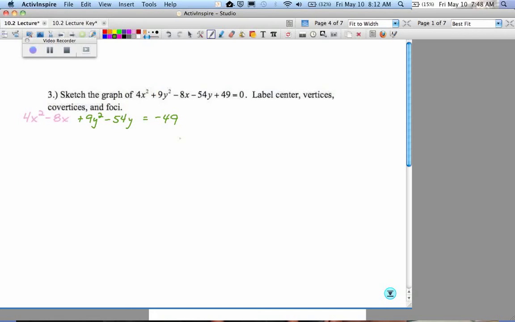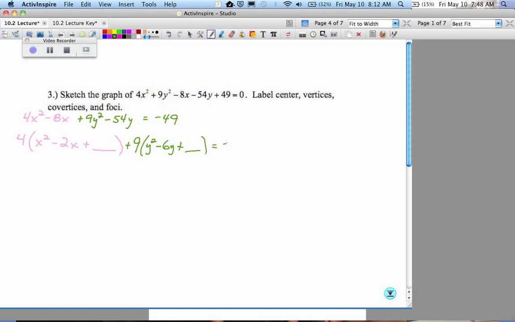Yesterday we picked one variable to stay and everything else went. This time everything stays but the constants. With the x terms, I have to factor out a 4 from both of those. So when we pull the 4 out, I have x squared minus 2x plus some new number. In the y terms, I pull the 9 out, and it's y squared minus 6y plus some new number.